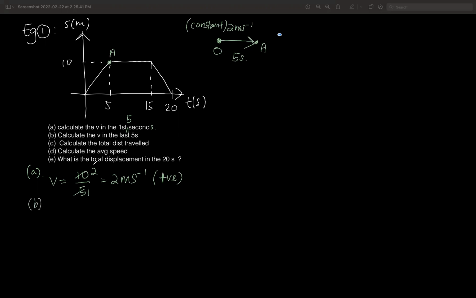Okay, now B. Calculate the velocity in the last 5 seconds. v equals 10 divided by, again, 5. But this one is sloping down, so you have to put a negative, minus 2 m/s. Okay, so it's negative, that means it's moving backward.